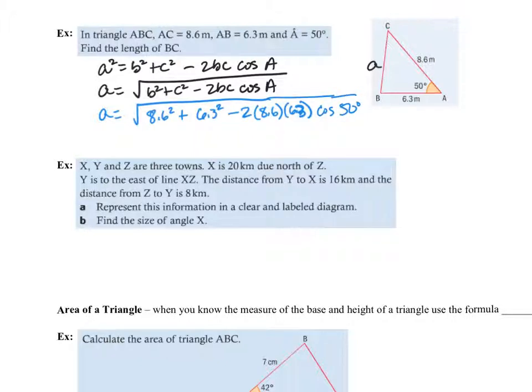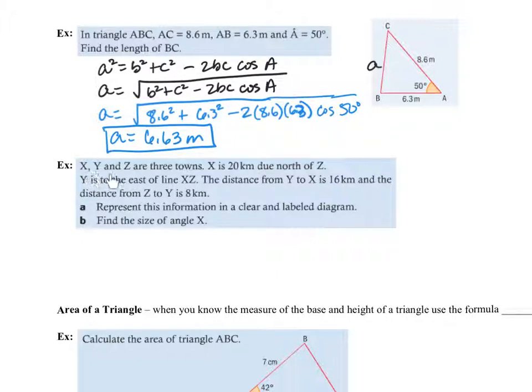This is arithmetic that you can do in one step on your calculator, and when you do, you should get that a is equal to 6.63. Notice we're going to write that to 3 significant figures because we didn't have any directions to tell us otherwise. Okay, so now let's look at the next example.